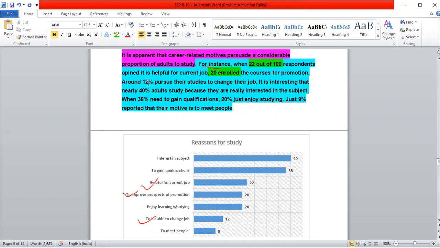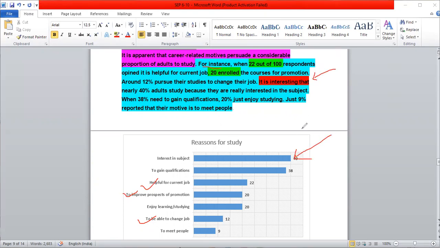It's interesting. Now I am moving ahead with the next phrase. It is interesting that 40% of adults study because they are really interested in this subject. So why have I highlighted it as, it is interesting? This is significant data. So why have I not mentioned that in the first part?